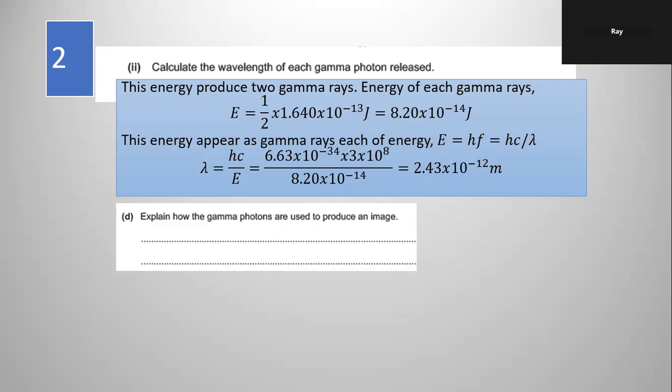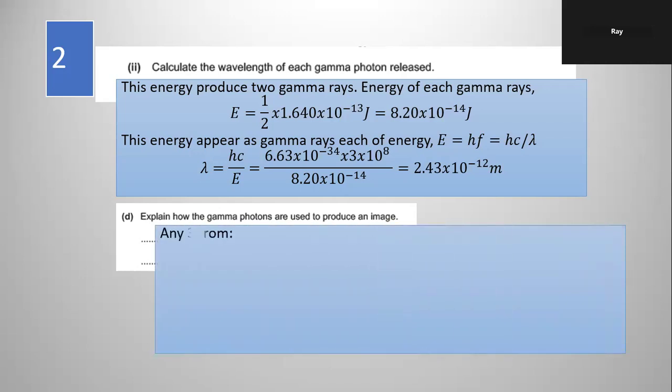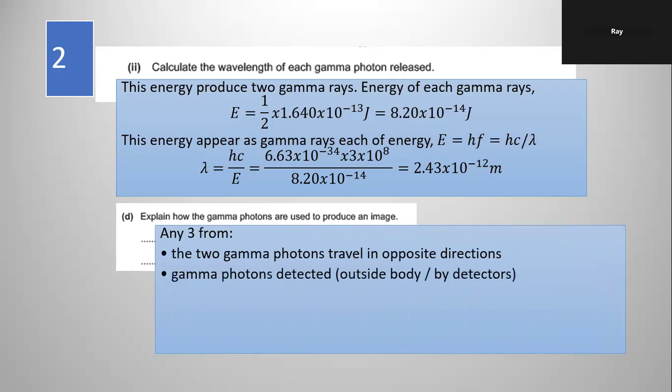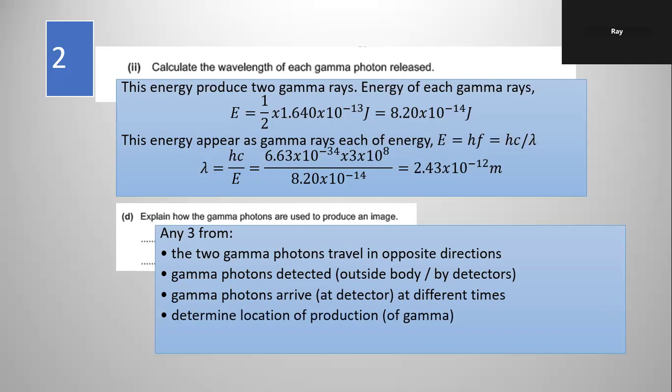Any of these three: the gamma ray photons travel in opposite directions; they are detected outside the body by detectors; they arrive at the detectors at different times, which allows us to determine the location of production of the gamma rays.